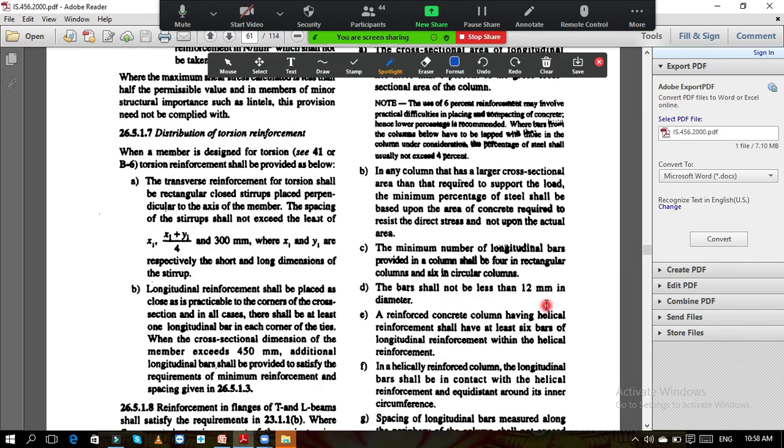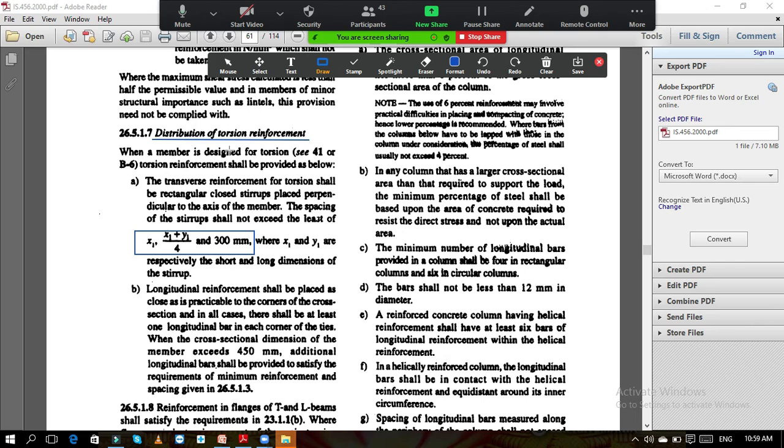See here, the important clause I want to tell you about: this is distribution of torsion reinforcement. This distribution can be done by using this formula.